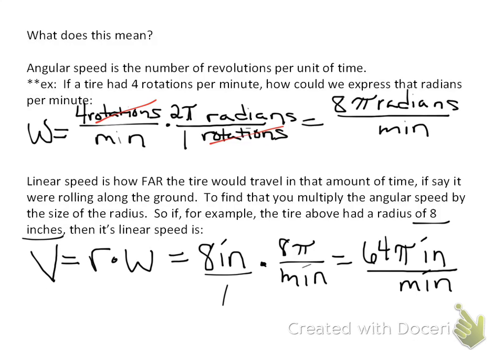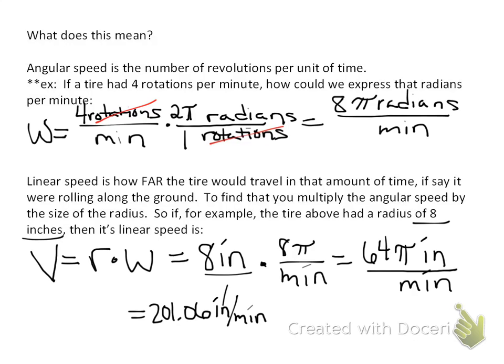So we take 64, multiply by pi, and we get 201.06 inches per minute. Questions?